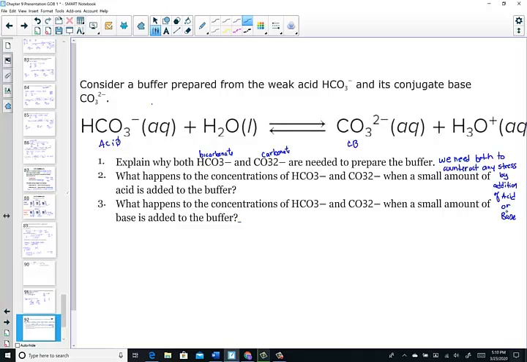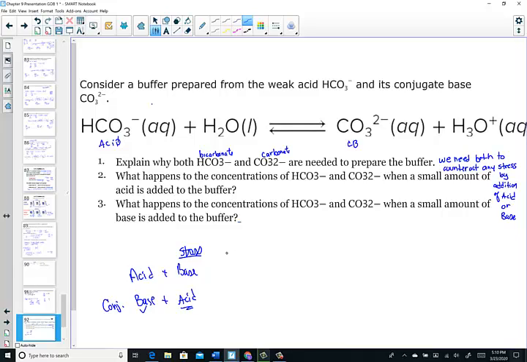Let me just make that even more clear. We need an acid and a base, and it's called its conjugate base. We'll need what? Because what if we added base? The acid would be there to neutralize. And what if the stress that we added was adding an acid? Well, we'd have a base ready to counteract that stress.